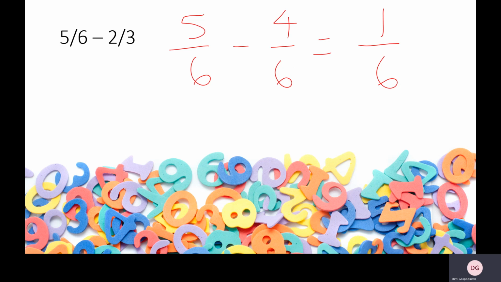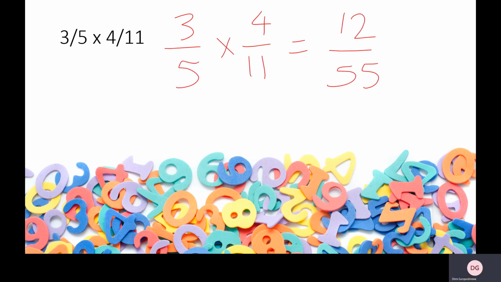And 5 take away 4 would be 1. How do we get 4/6? Once again, I multiplied both of the numbers, the denominator by 2 and the numerator by 2, hence 4/6. And our answer is 1/4. Sorry, 1/6.